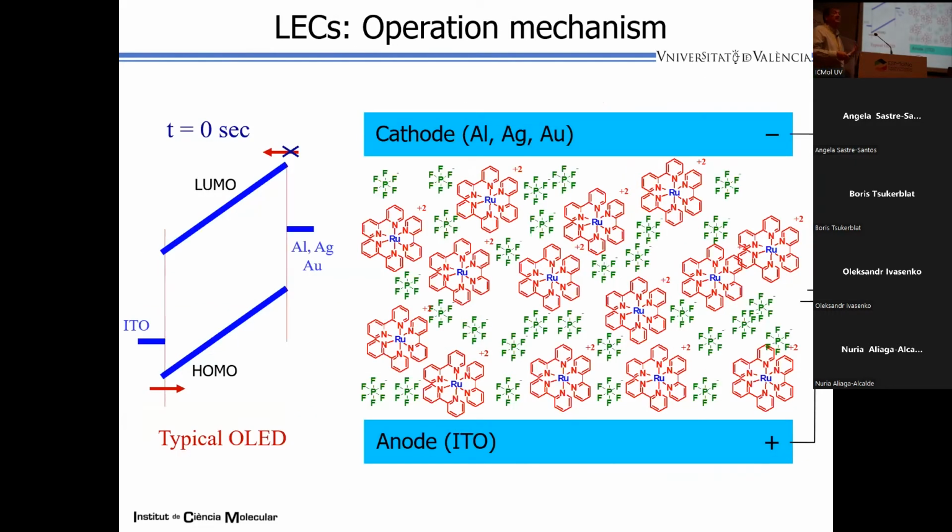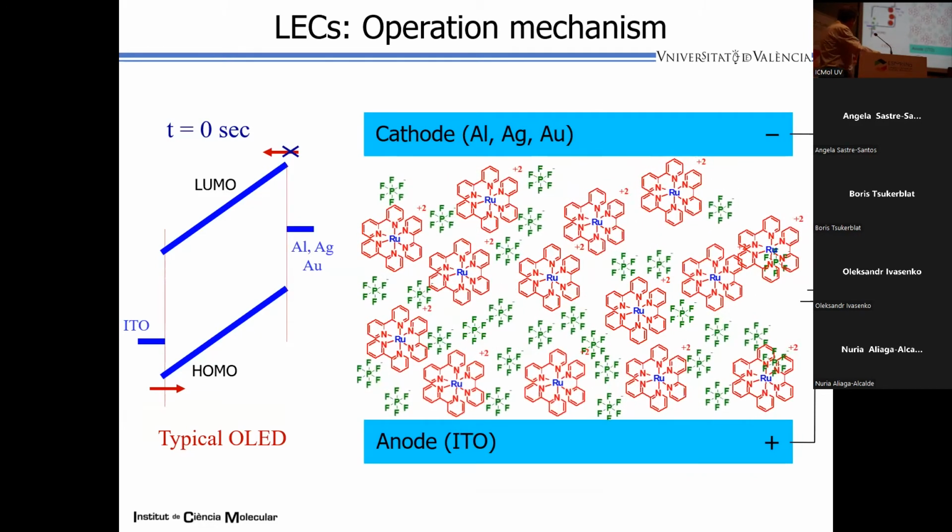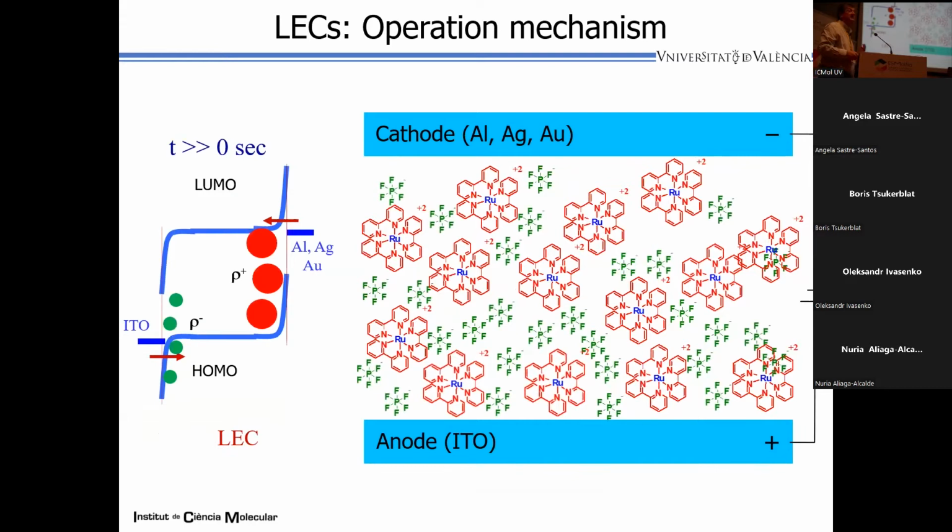This is more or less the mechanism, simplified, of an LEC device. At the beginning, you cannot inject the electron from the noble metal to the LUMO because it's too high in energy. But the difference is that when you apply the voltage, because you have an ionic material, the ions can move to the electrodes. And then you reduce the barrier and you can inject the charges easily.